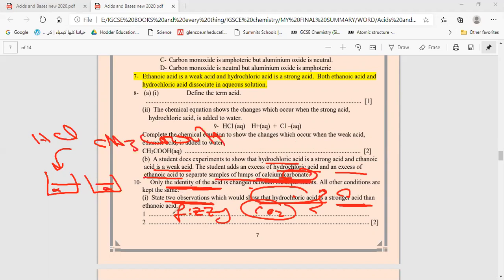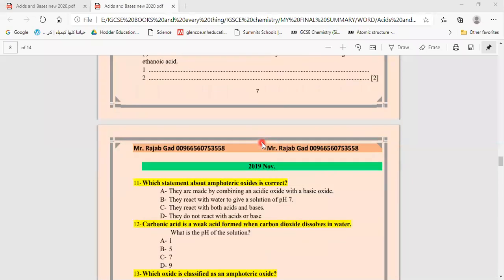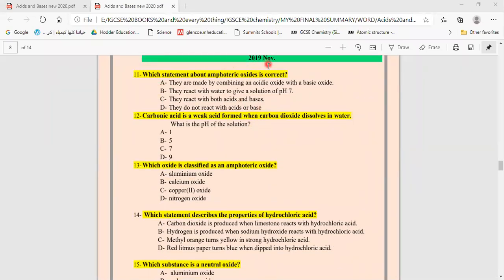So the reaction consumes less time than the other one. We can say that the formation of carbon dioxide gas is fast and the calcium carbonate lump disappears quickly. It indicates that HCl is stronger than ethanoic acid. Next question here. That's for November, right?